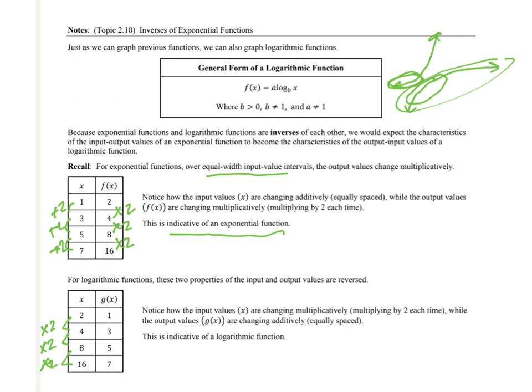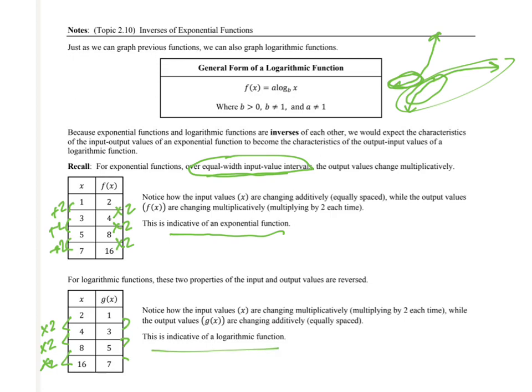What that means is these are equal width output intervals. I need you to become familiar with this language because I think part of the problem we have with multiple choice testing is the language. What does this mean? Over equal width value intervals. That means increasing by the same rate every time. The twos right here, this is indicative of a logarithmic function.